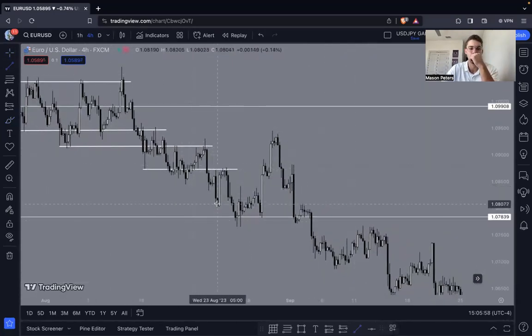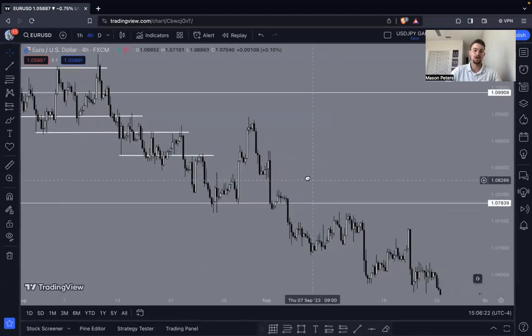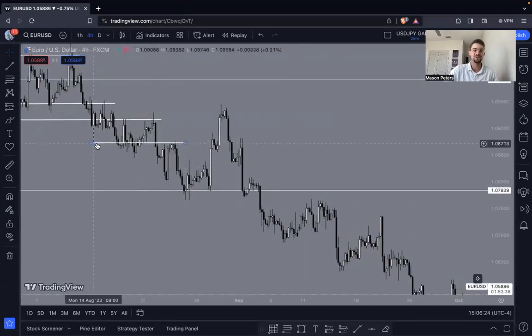You have your support here, and you're looking for price to come up and sell from here, and it just trades higher, and it trades into these resistances up here. And sometimes you can't control that. You did your best, you analyzed the best, and it just bought up, and it came back into this area of support and resistance. But then it traded lower, and then look at this support, right?